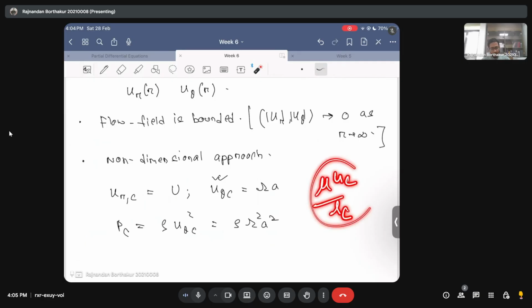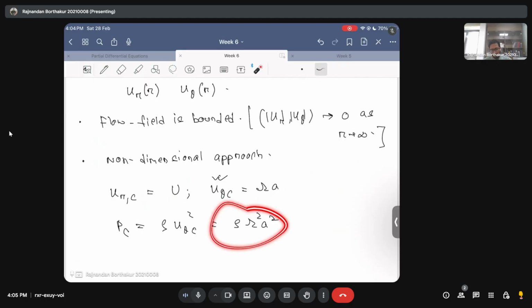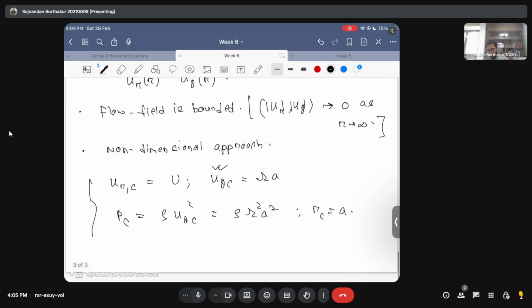But here they have chosen the inertia scale for pressure, and they have chosen the characteristic theta direction velocity, the rotational velocity, as the characteristic velocity in that scale. The length scale is obvious: it is just the radius of the cylinder. So these are the scales that they have given to us.